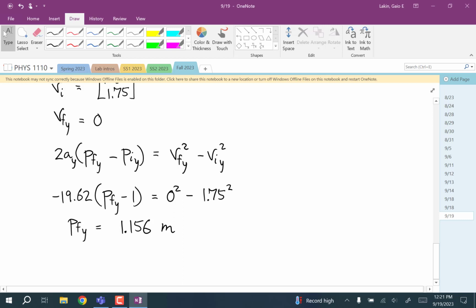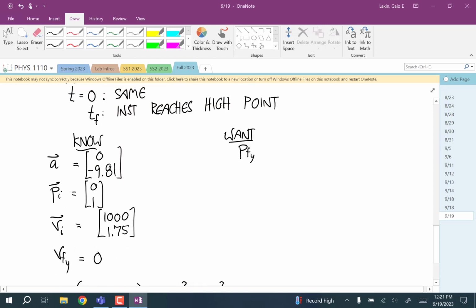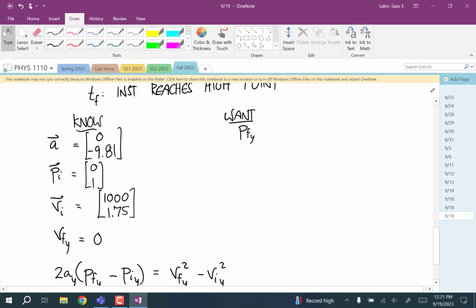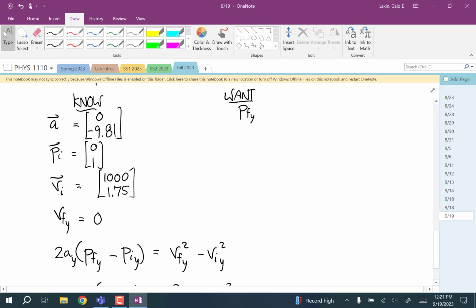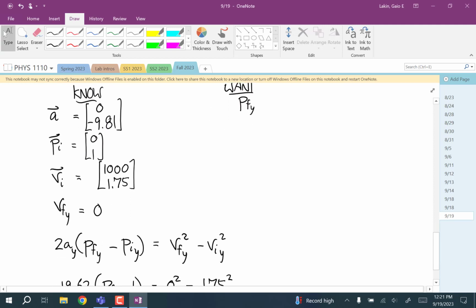Now I want you to think about one more thing before we leave this. This whole idea was that we did a 1D problem and a 2D problem. And it turned out that the horizontal motion of the bullet didn't affect its 1D motion up and down, right?